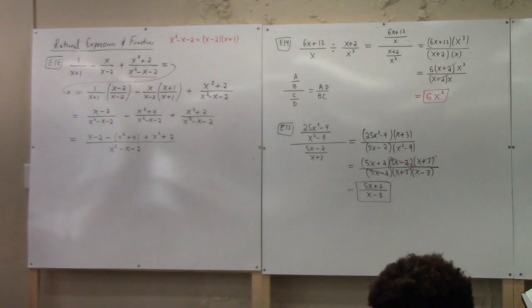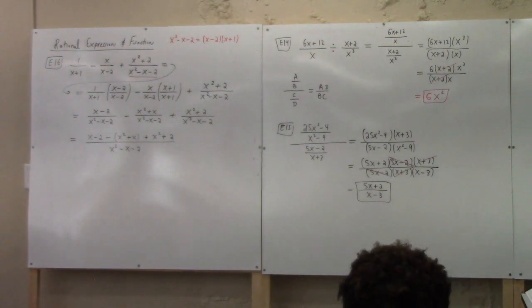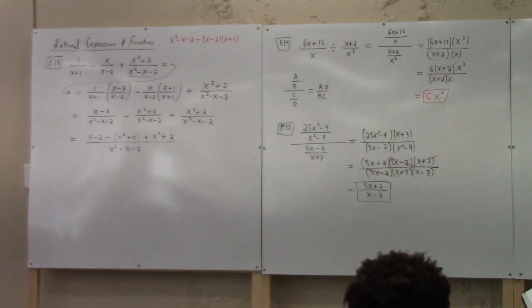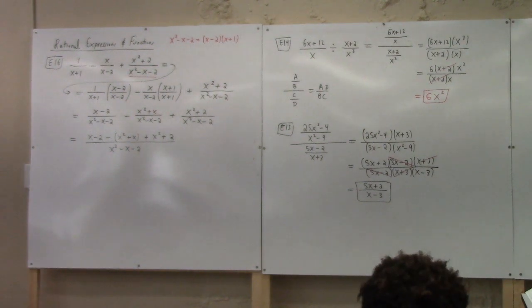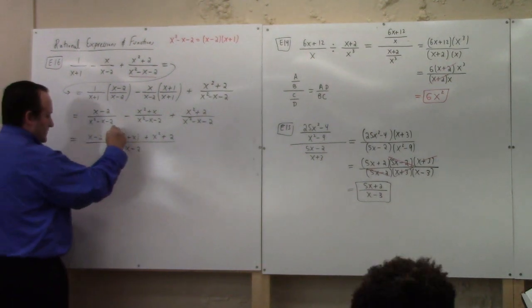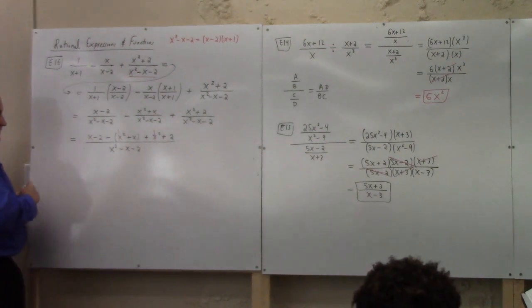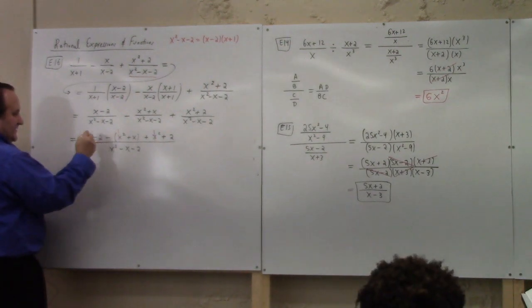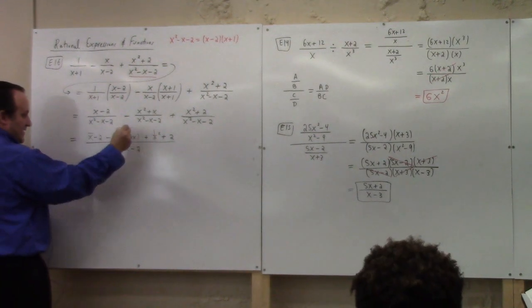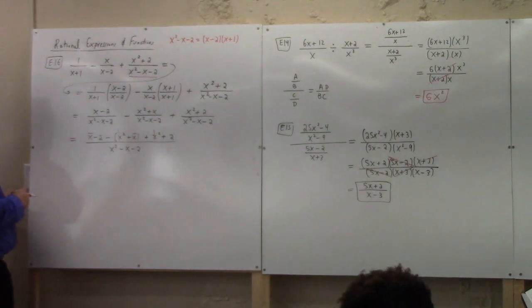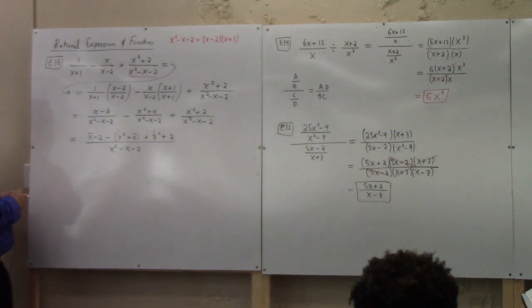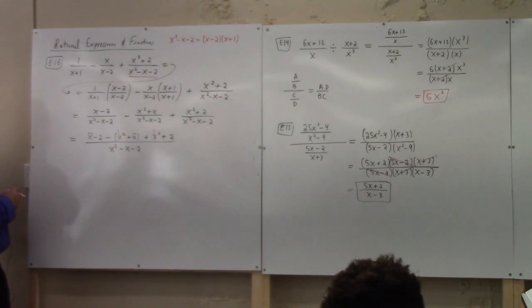Anything cancel? Oh, yeah, the x squared is going to cancel with that x squared, right? And this gives me a minus x with that plus x. So this guy and this guy cancel. And whoa.